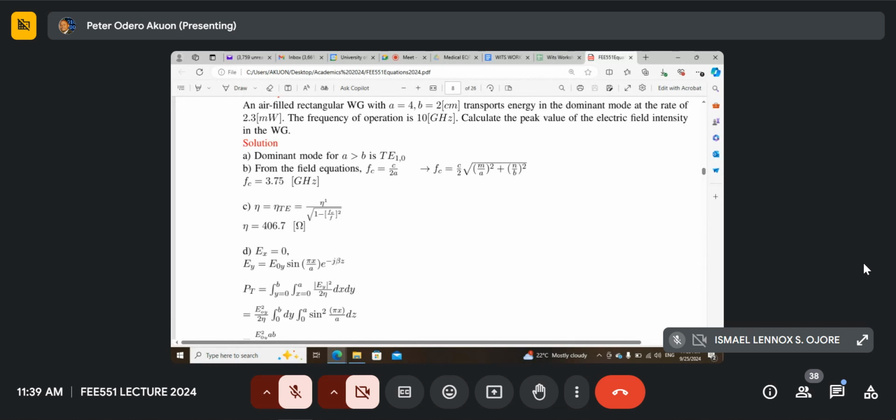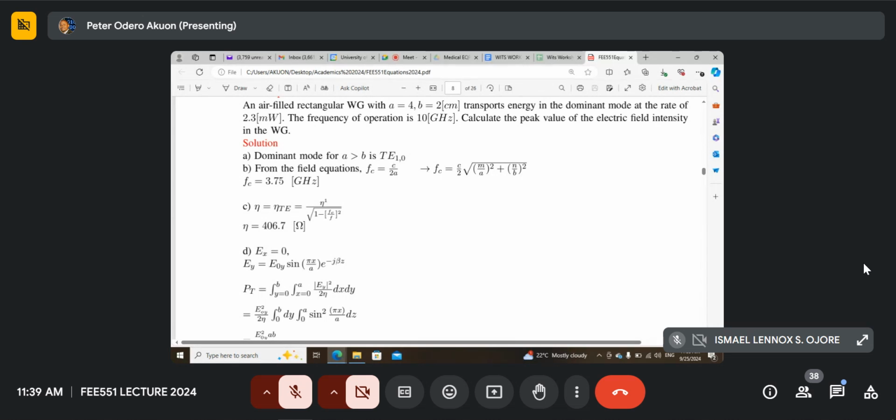So the intrinsic impedance for the TE mode, because these waves propagate differently with different fields, is eta prime, which is 377, divided by the square root of 1 minus fc over f squared. So this one comes to 406.7. I hope that's correct.